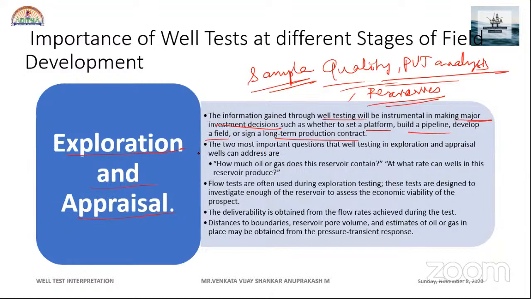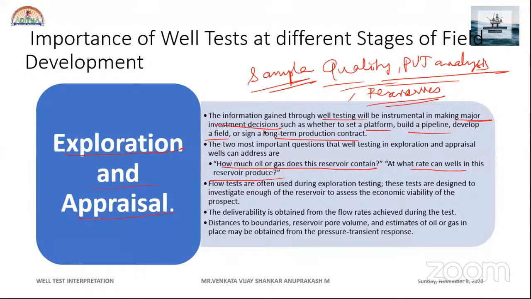So what are the two important questions we need to answer for the wells? As I told, how much are the reserves. To estimate the reserves, we need to know how much oil is actually in place or gas actually in place, and what is the rate at which the wells can produce.